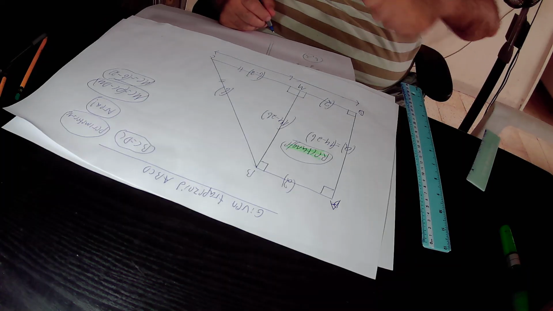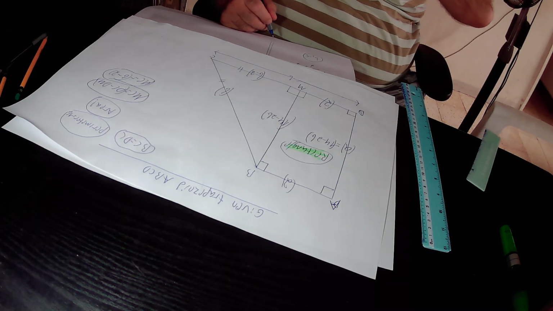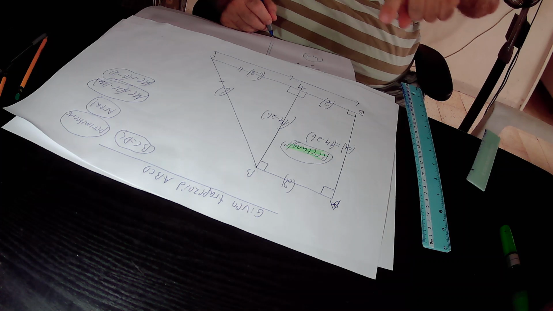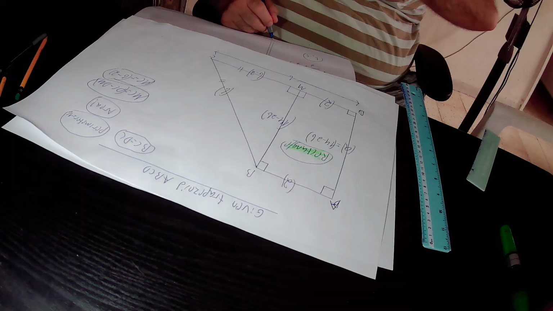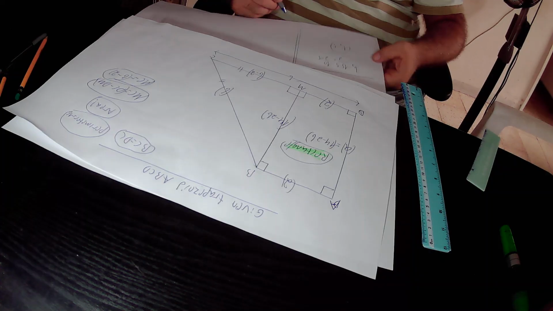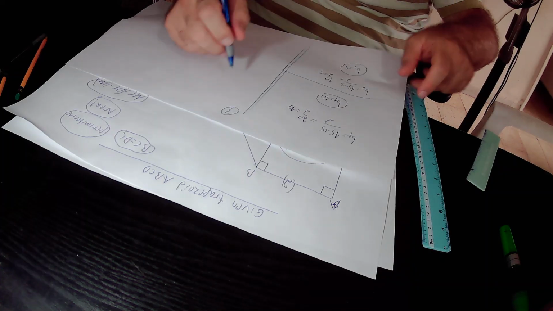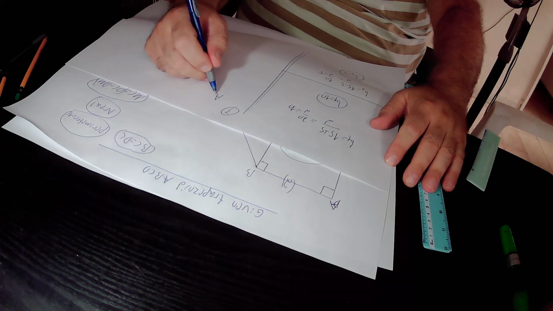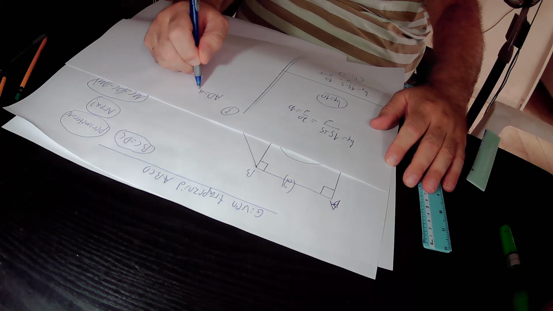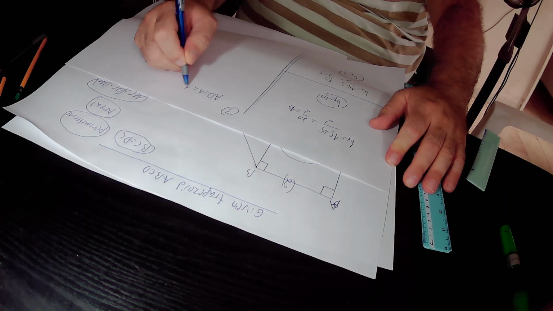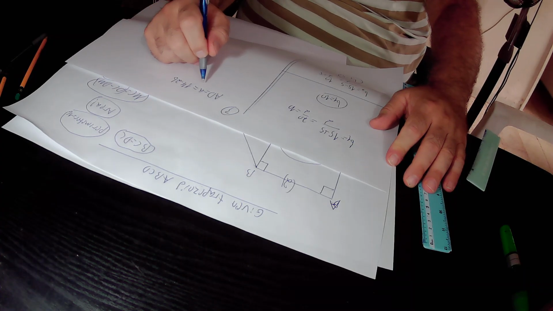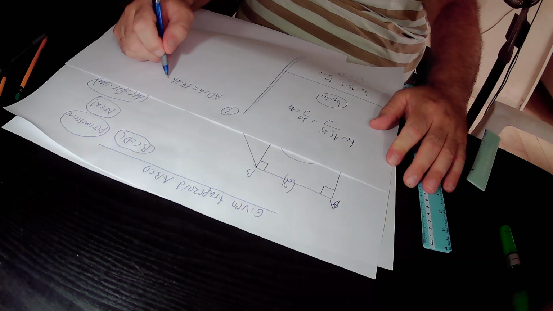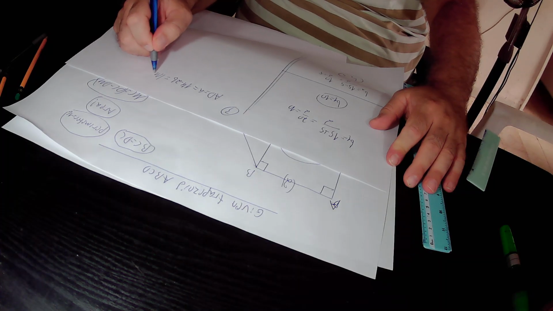AD is one side of trapezoid ABCD. I know that the length of side AD is A and A equals 14 minus 2B. So AD is equal to A units in its length and this also equals 14 minus 2B. So AD is a length, and as a length it must be a positive number.